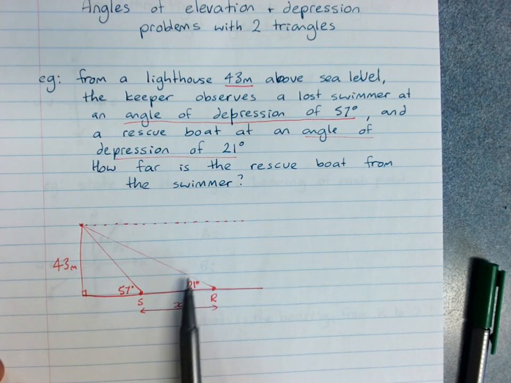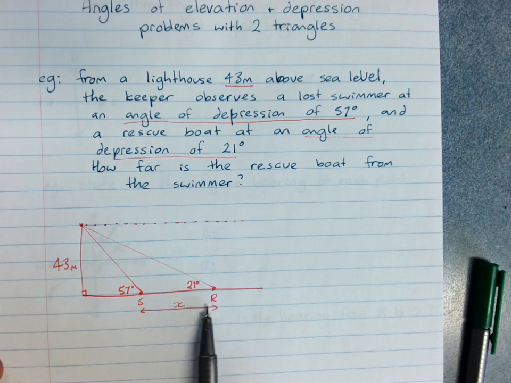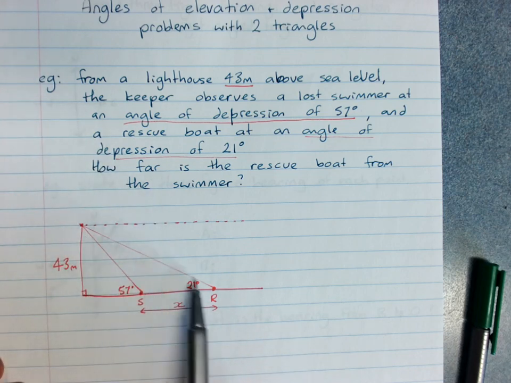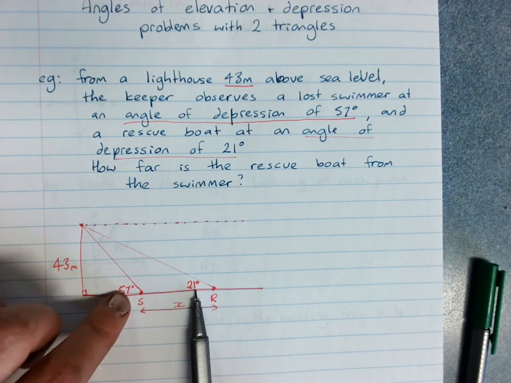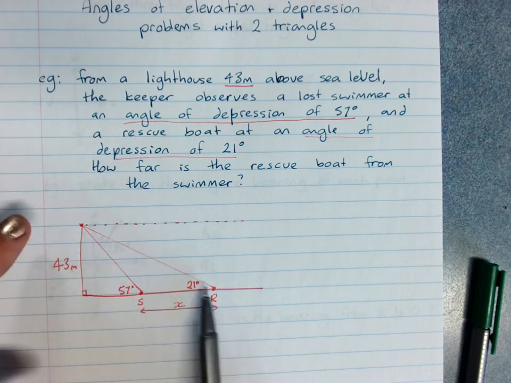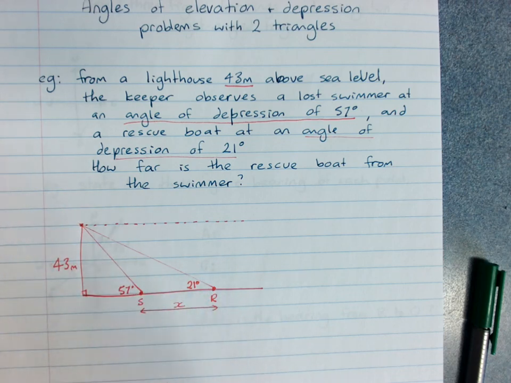You can't just get this value because it's not part of a right-angled triangle. And these questions happen all the time, that there's two triangles, two angles are involved, and you're going to have to use both triangles, the big and the little one, to get your answer.